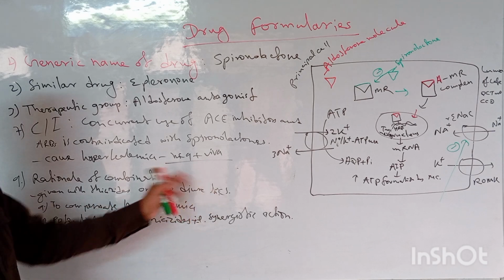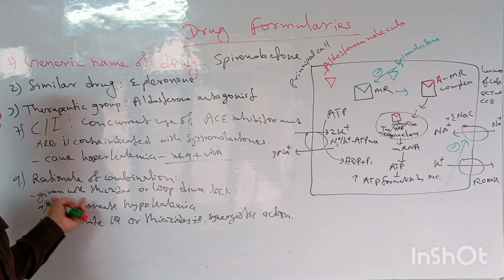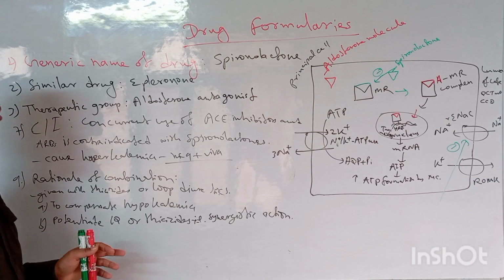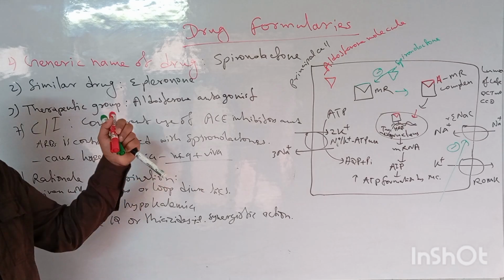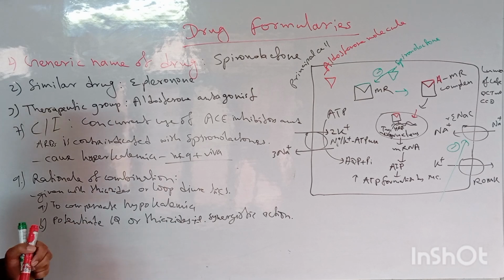In other cases, there may also be a useful significance of the combination of two or more drugs. Like in case of cotrimoxazole, trimethoprim and sulfamethoxazole are given concurrently, in a fixed dose ratio.